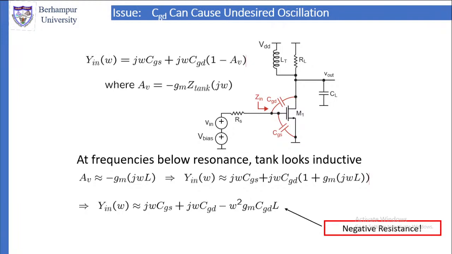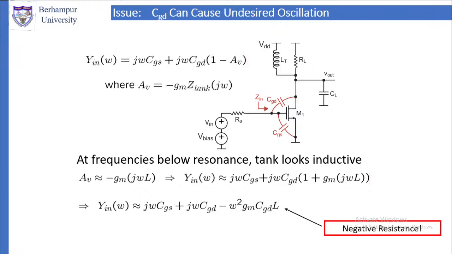Using this value, we can find out what Yin is. The input admittance is equal to j omega CGS, which remains as it is, plus j omega into the gate-drain capacitance, whole into 1 minus AV. The AV expression we have found out, so if you put that, it becomes 1 plus GM into j omega L. Now expand that.